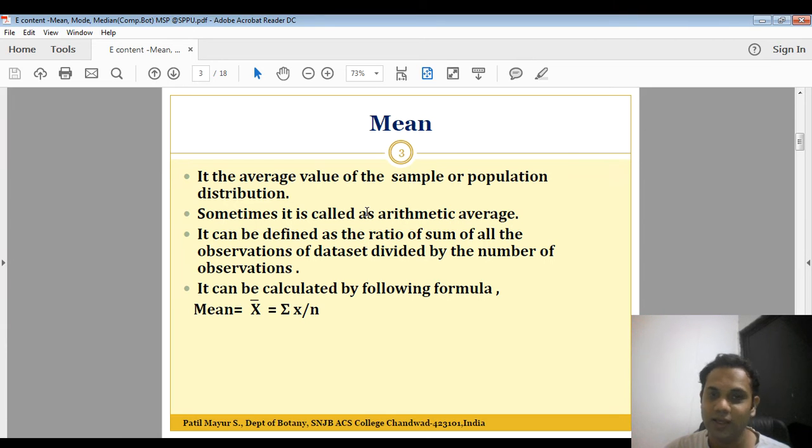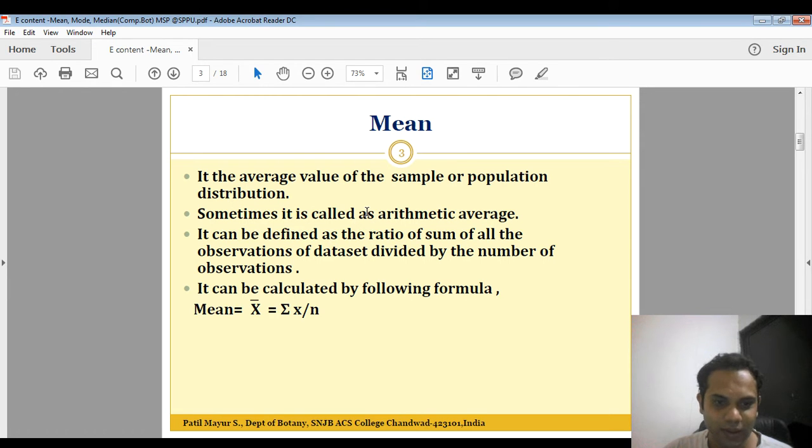Sometimes it is called the arithmetic average. So how is it defined? It is defined as the ratio of the sum of all the observations of the data set divided by the number of observations.